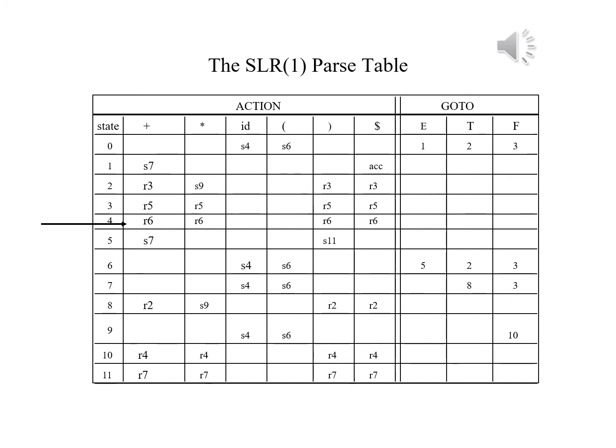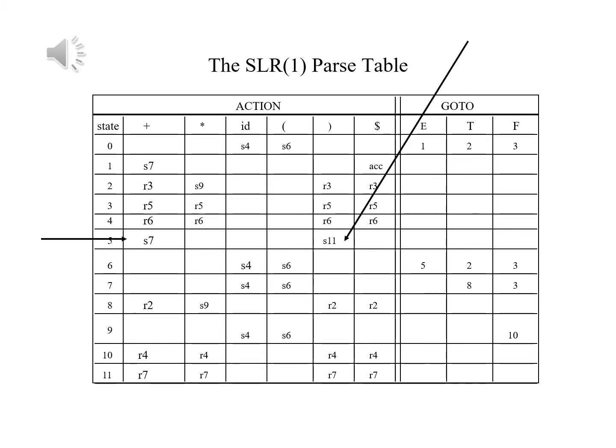The only item in state 4 is F derives ID dot, another final item. The follow of F is the same as the follow of T. So on plus, times, close parenthesis, and dollar, the action is reduce by production 6.